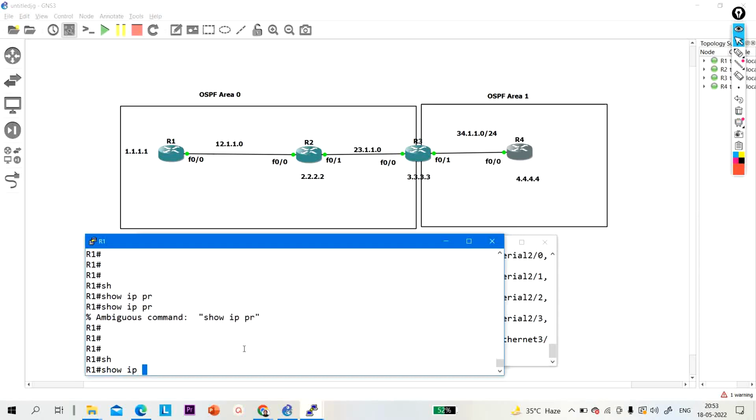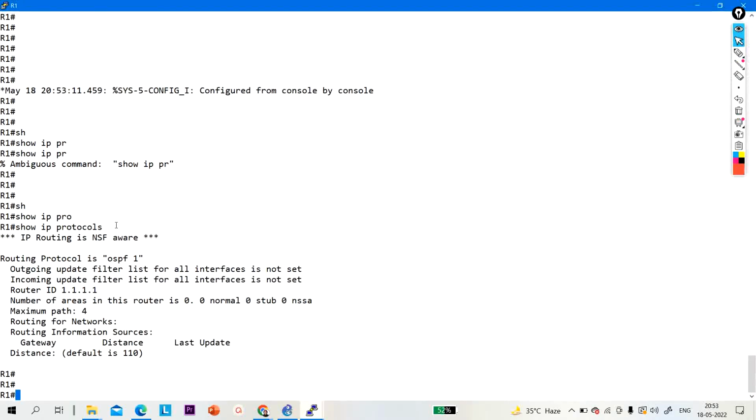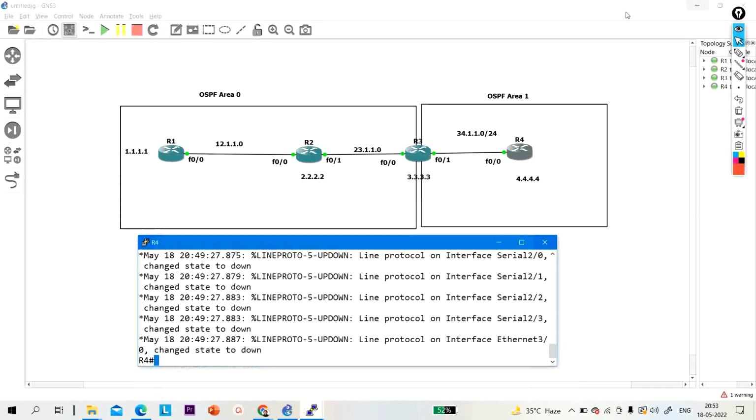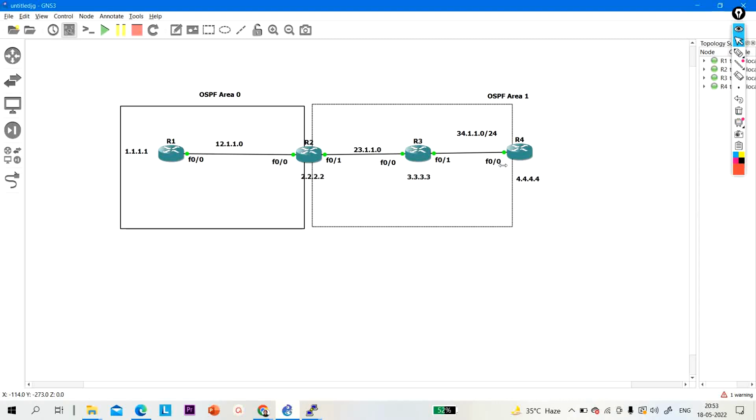Can we do it like this: router 2 and router 3 can be ABRs, router 1 can be in area 1, and router 4 can be in area 2? And the middle one, between 2 and 3, is area 0.